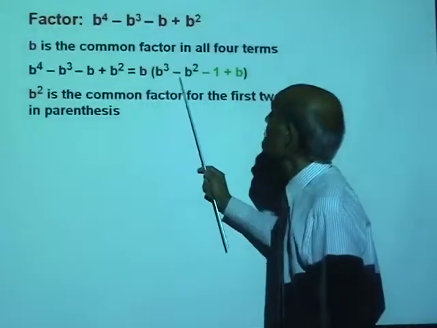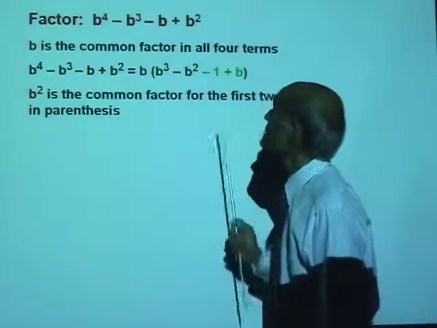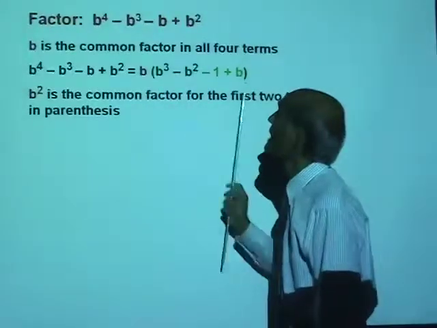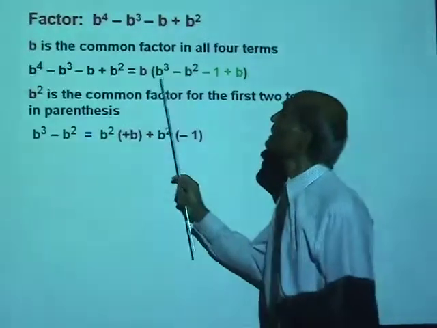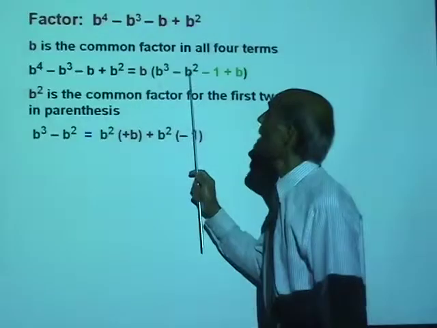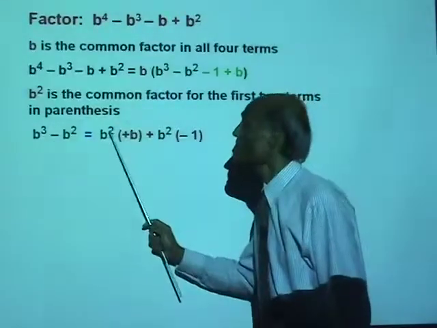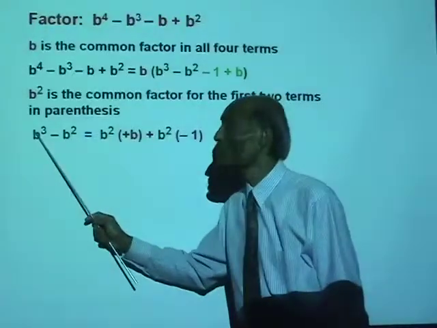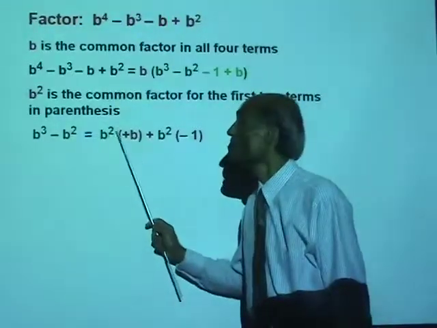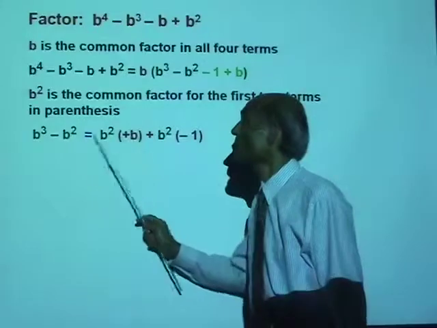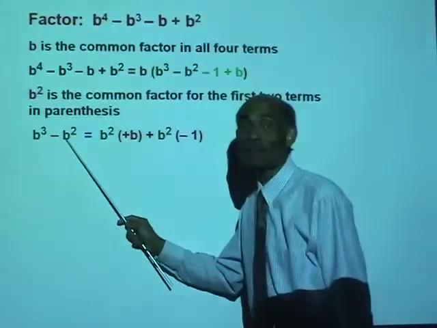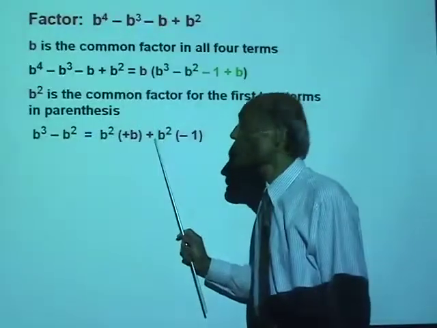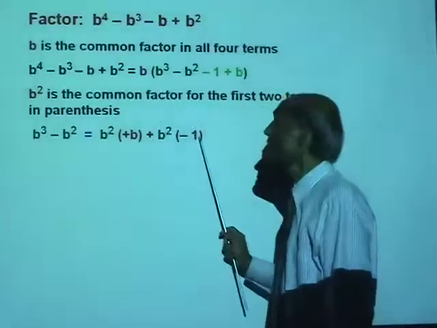That means first we take the first 2 terms, and b squared is the common factor there. We can write therefore b cubed minus b squared as b squared times positive b. Is that right? b cubed is the same as b squared times positive b. And minus b squared is plus b squared times negative 1.